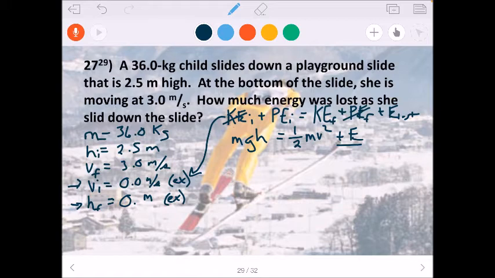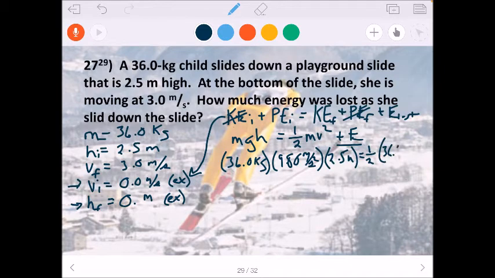So substituting in, I have the mass of 36.0 kilograms times gravitational acceleration, which is 9.80 meters per second squared, times the height of 2.5 meters. That is going to be equal to 1/2 times the mass of 36.0 kilograms times the final velocity of 3.0 meters per second, squared.